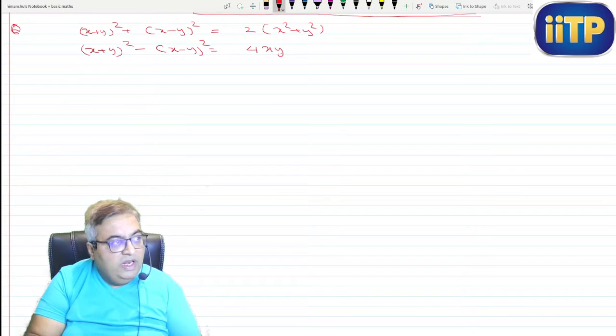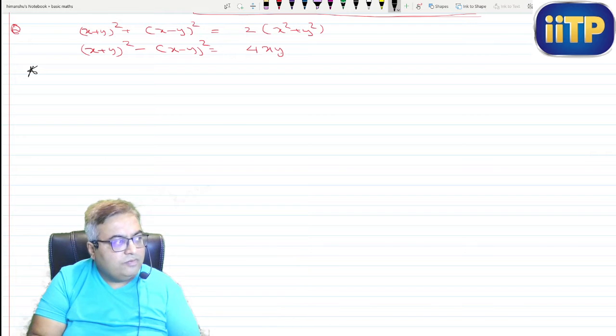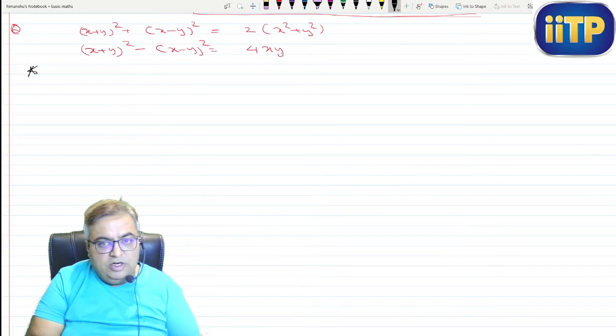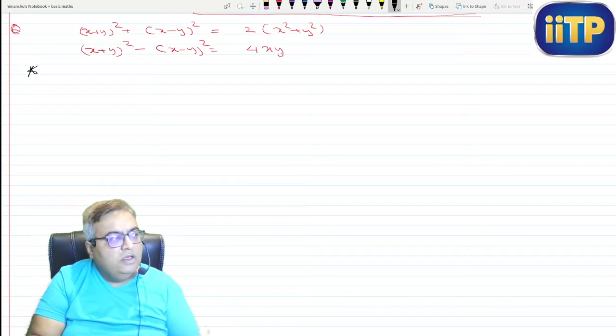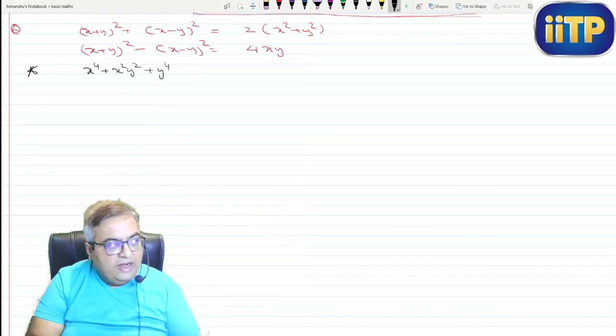Now, one very important result out of this that I want to tell you: remember this manipulation is utilized in n number of chapters in the coming 2 years. The expression is x to the power 4 plus x square y square plus y to the power 4. Now I can factorize this.